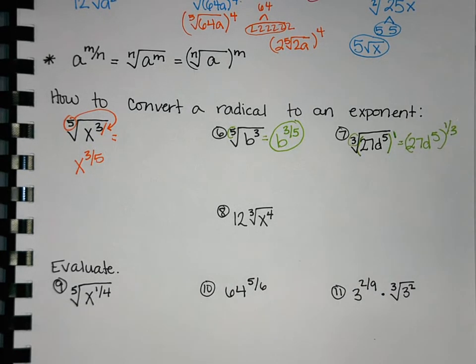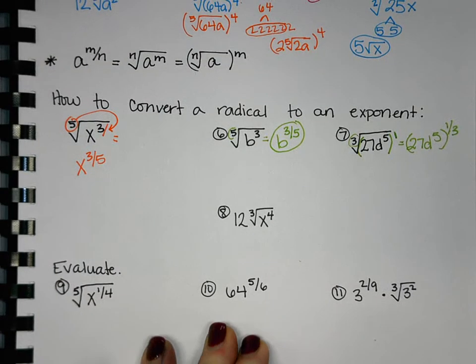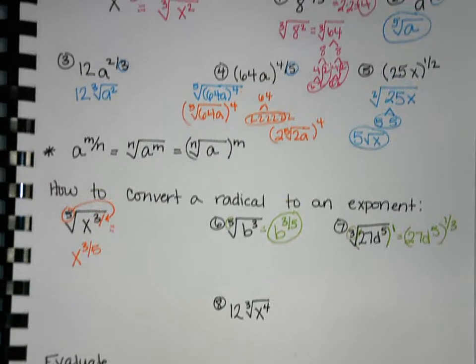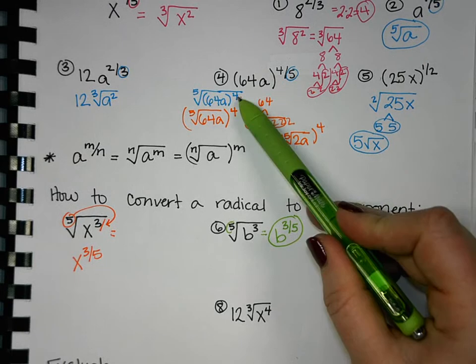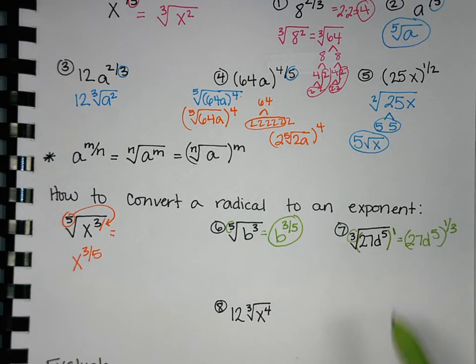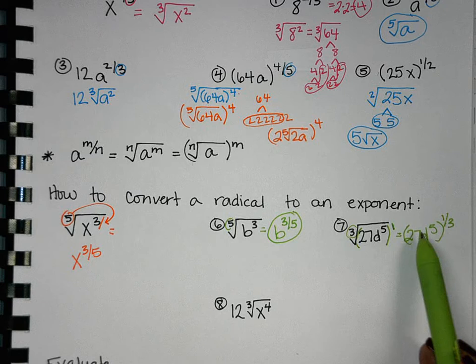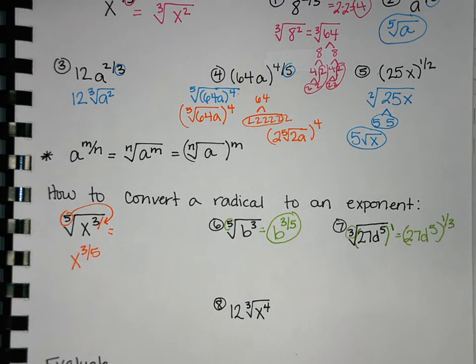Because it's like going backwards from this one here, how that 4 was outside of everything. When we go this way, we have to think of it as a 1 out here, so that that 1/3, or that cube root, is going to everything in that radical.